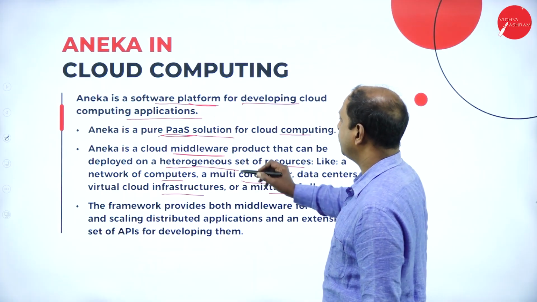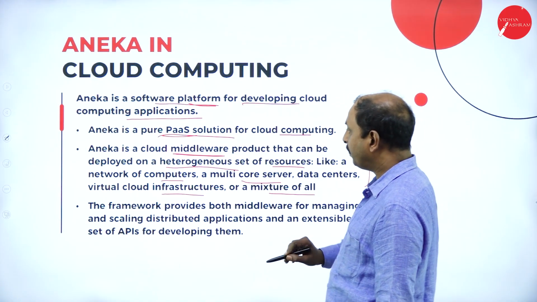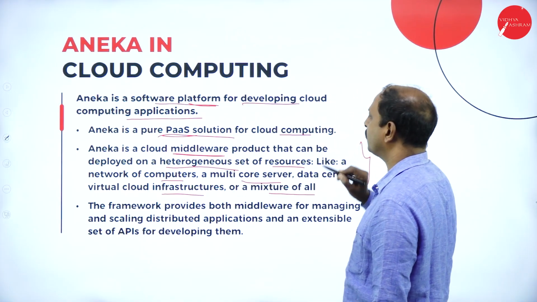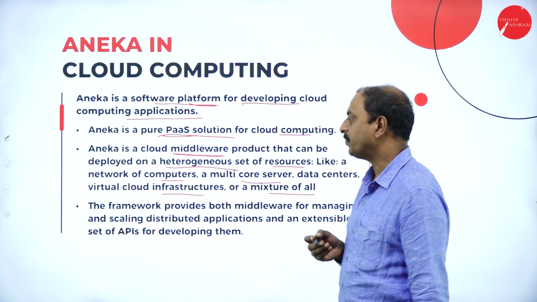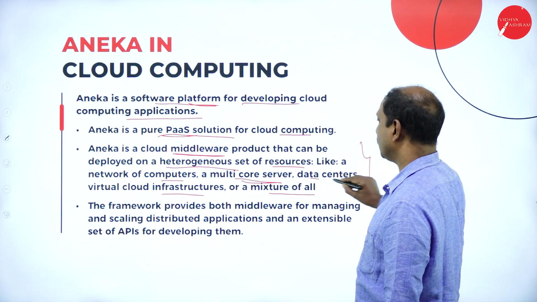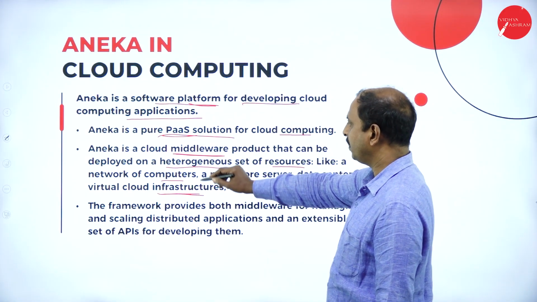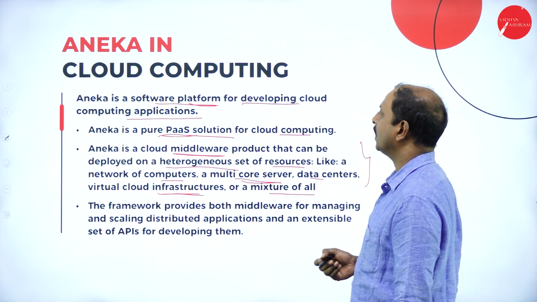So here it is a middleware, and it can be deployed on a heterogeneous set of resources, meaning different types of resources, like a multi-core server or data centers or virtual cloud infrastructure. Over it, we can deploy this Aneka cloud computing.